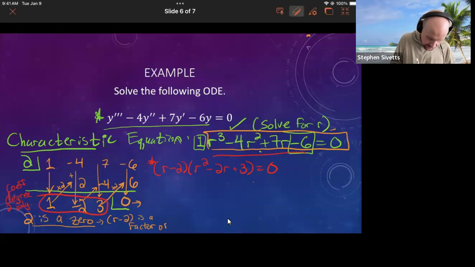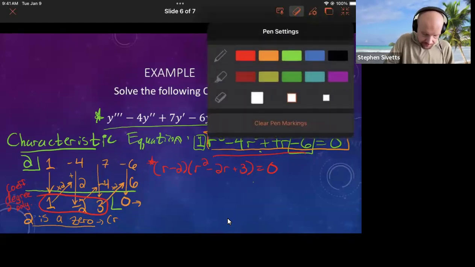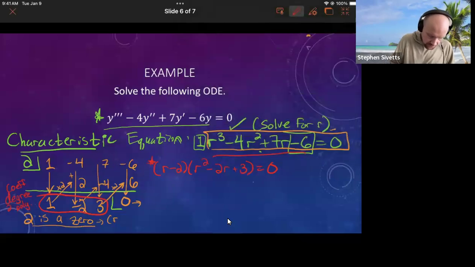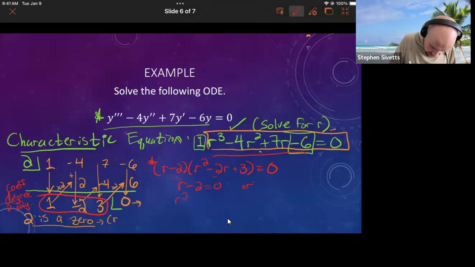So that's pretty nice about synthetic division. So now we know that since this product has to equal 0, r minus 2 equals 0, or r squared minus 2r plus 3 is 0, right?